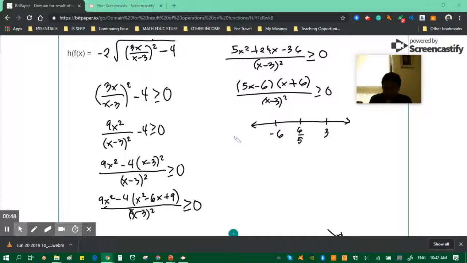But do take note that x minus 3 is squared. And 5x minus 6, x plus 6.